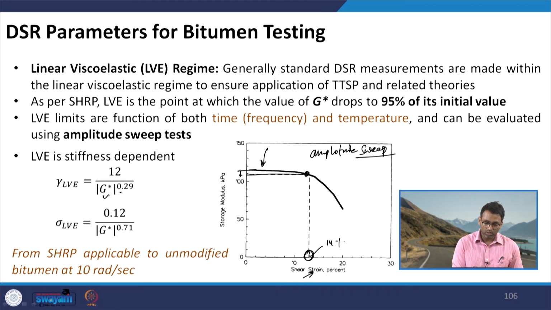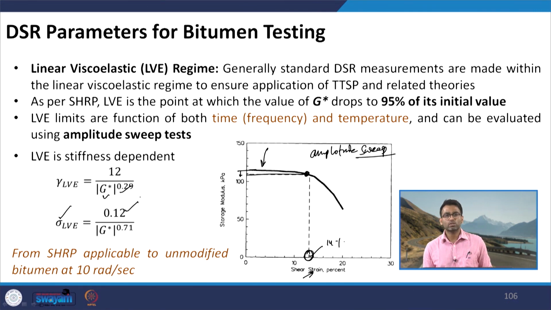The strain LVE limit is given by this equation, which is 12 divided by G star to the power 0.29. Here the LVE limit is in terms of strain, and the value of G star is in terms of pascals. Similarly, we can have a stress based LVE limit, equal to 0.12 divided by G star to the power 0.71.